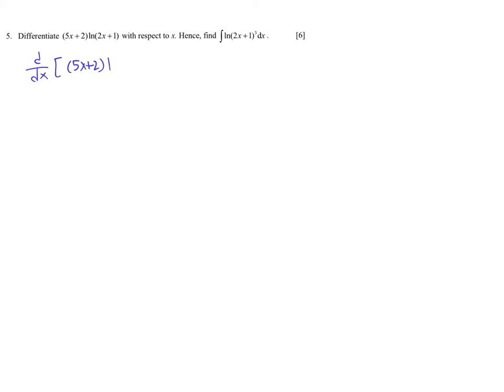5x plus 2 ln bracket 2x plus 1. As we can see here, this is a product of two functions, 5x plus 2 and ln 2x plus 1. So we're going to perform the product rule. Okay, so when we perform the product rule by differentiating the first term, I'm expected to have this. And then if I differentiate the second term, which is the ln term, I'm expected to have 1 over 2x plus 1.